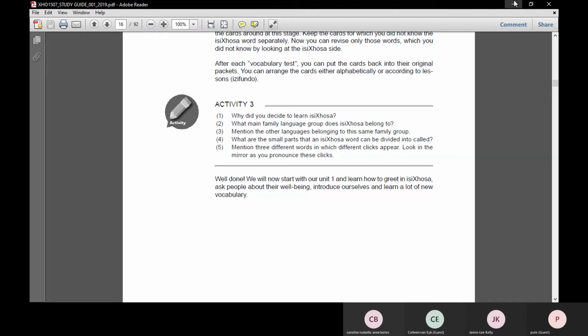Let me write these words down for you. Xuba, mix. Cawe, hedge, or Sunday. The Q, Iqanda, an egg. So those are click sounds: Cawe, Iqanda, Xuba.